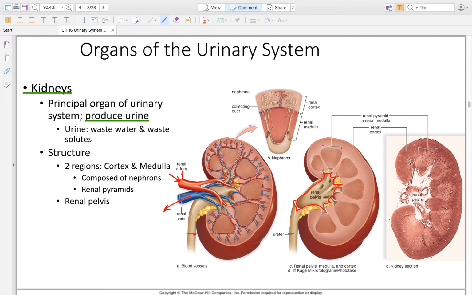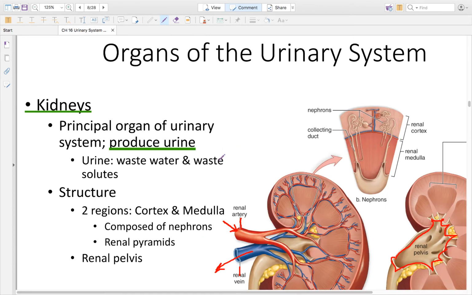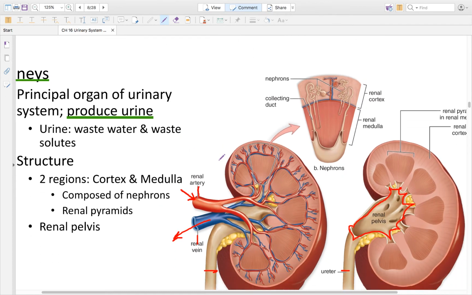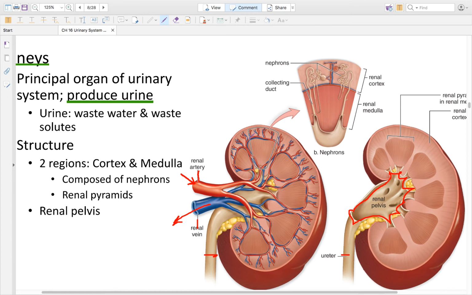Now if we look closely at the kidney, I'm going to zoom in on that. See these little triangles? Those are not really triangles. They're actually called renal pyramids. It's kind of cool that they're called that, because if you look at this one, it actually does look like a pyramid.